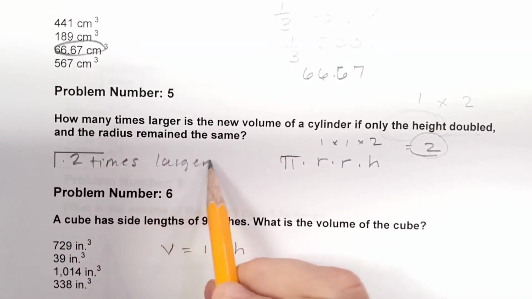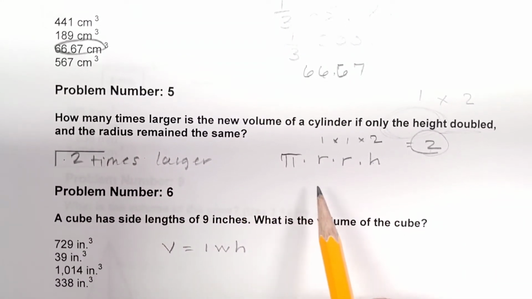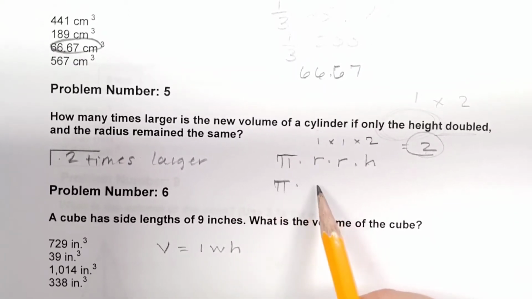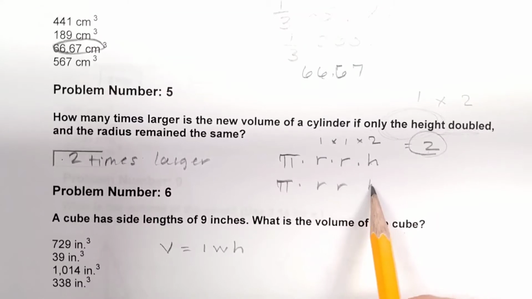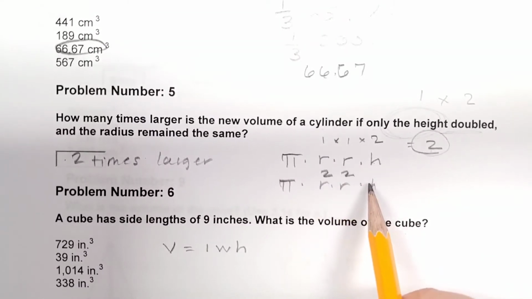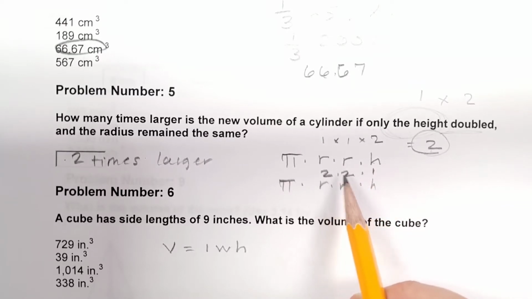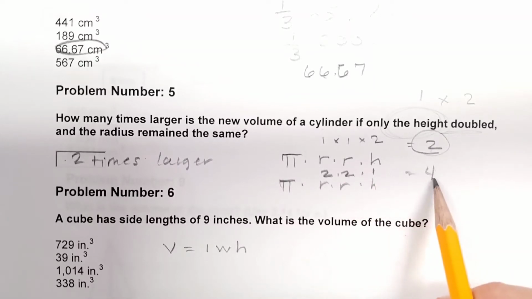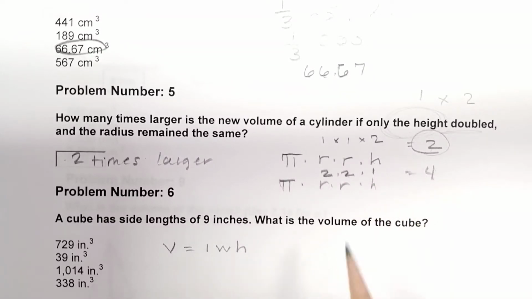This gets tricky when they say, what if they said the radius doubled? Then you would have had to go like this. The radius doubled, so 2 times 2, but the height remained the same. Okay, so we'll just put a 1 right there. So it's 2 times 2 is 4 times 1. So the volume will be 4 times larger.